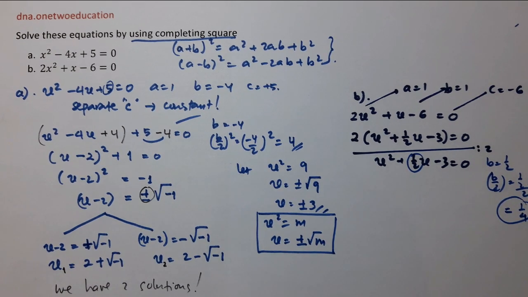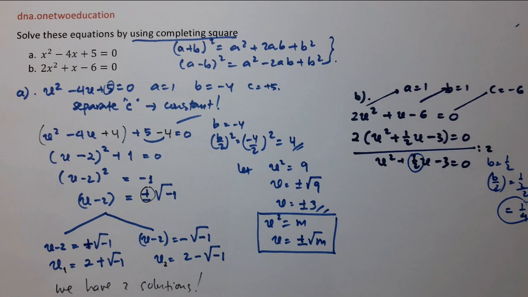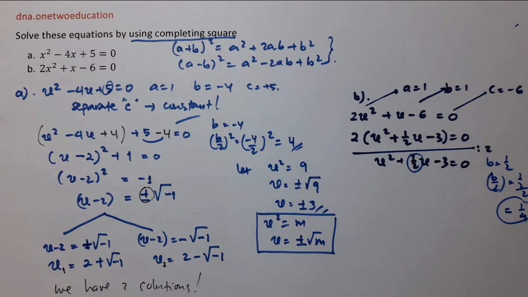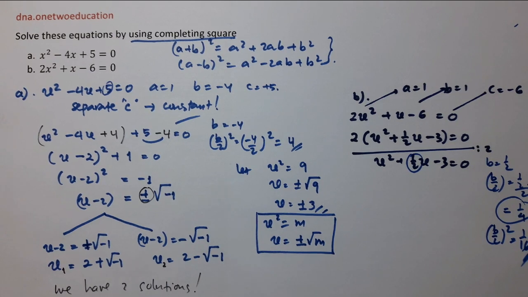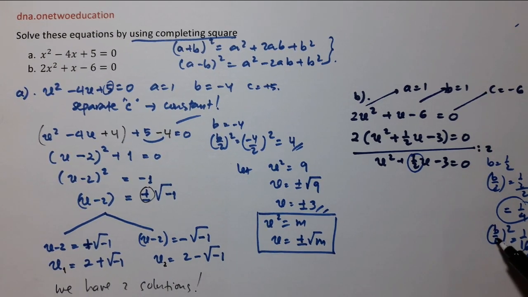Clear, everyone? Now we found b over 2 is 1 over 4, right? Okay, good. So what about b over 2 square? Right, we got 1 over 16. Okay, next, because we have b over 2 square is 1 over 16.